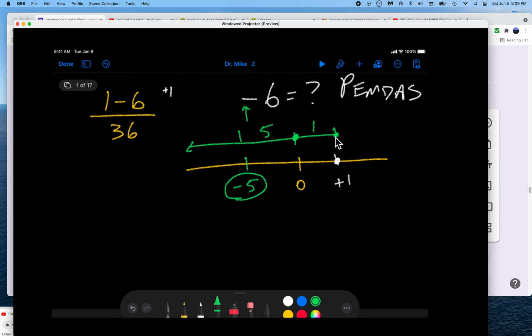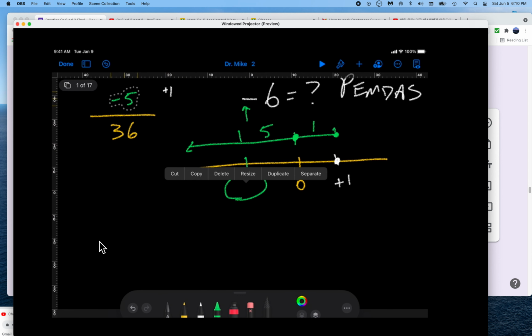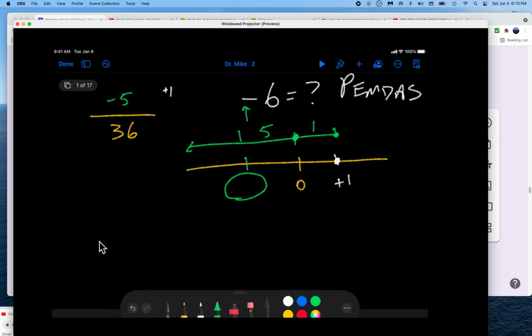Boom, we get to 0, and 1 unit has been used up. 5 are left because this plus this has to equal the 6 unit total move. That puts us at negative 5. We're going to take out 1 minus 6. We're going to replace it with negative 5. This is our final answer.